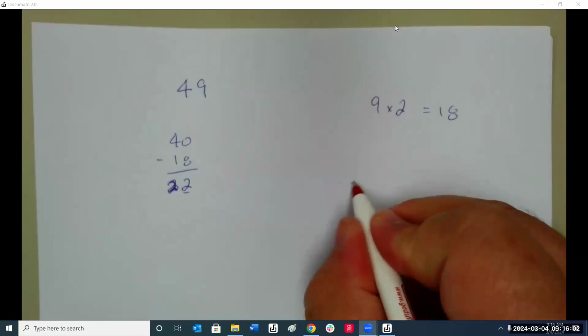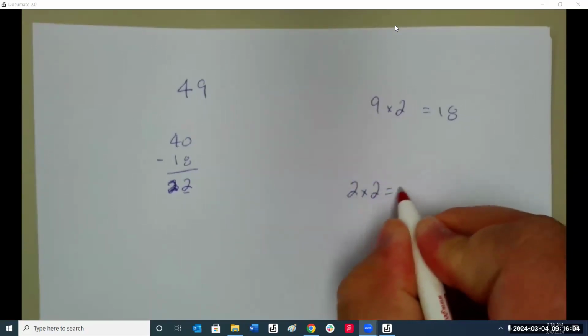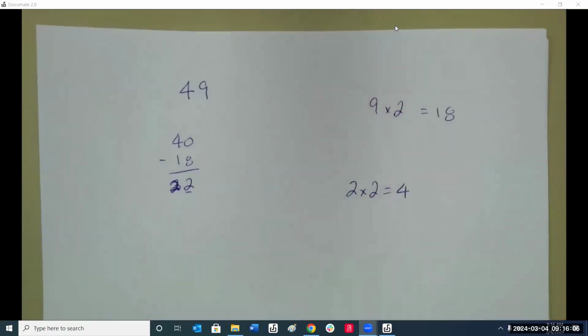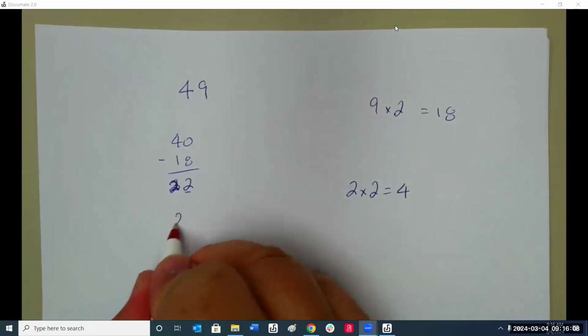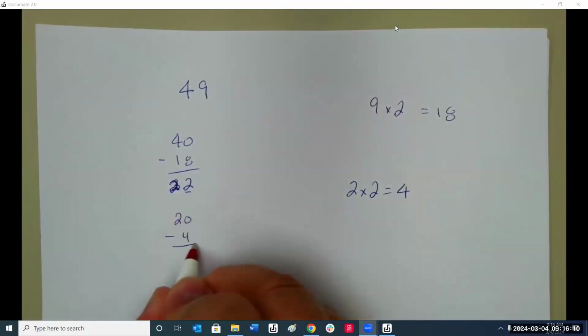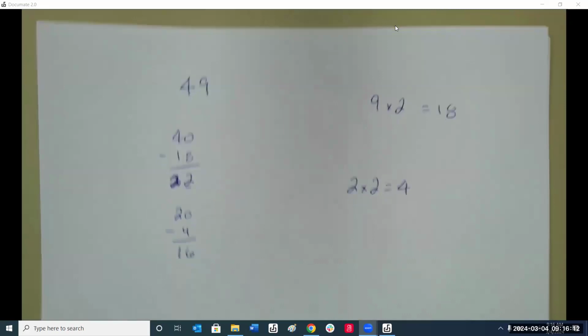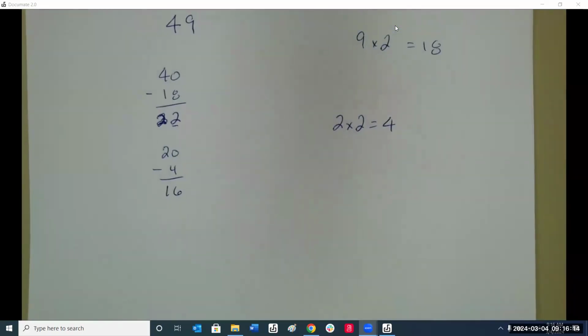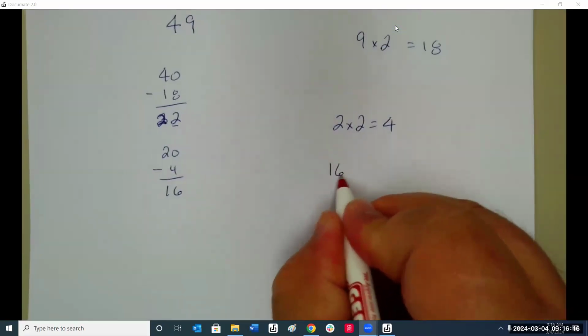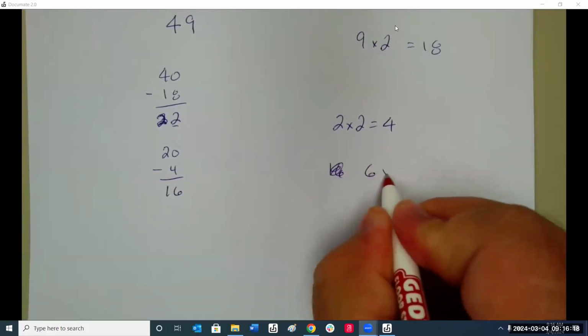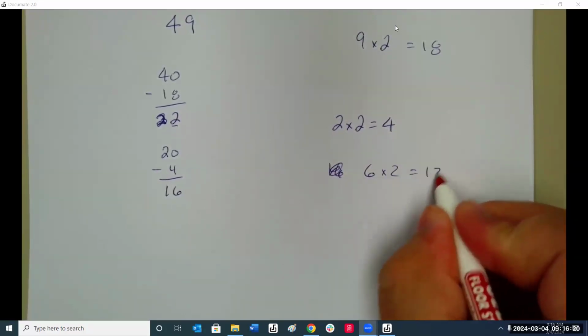Take the last digit, multiply by 2, you get 4. So we get 20 minus 4, which is 16. 6 times 2 equals 12.